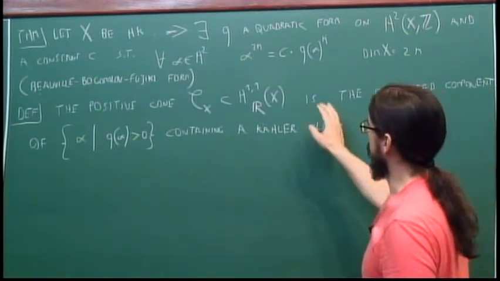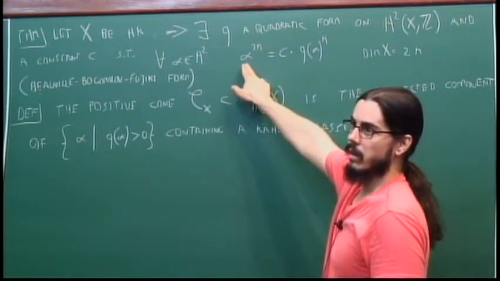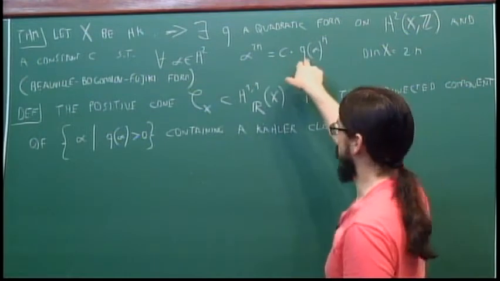So it is easy to see that all Kähler classes lie inside the positive cone.